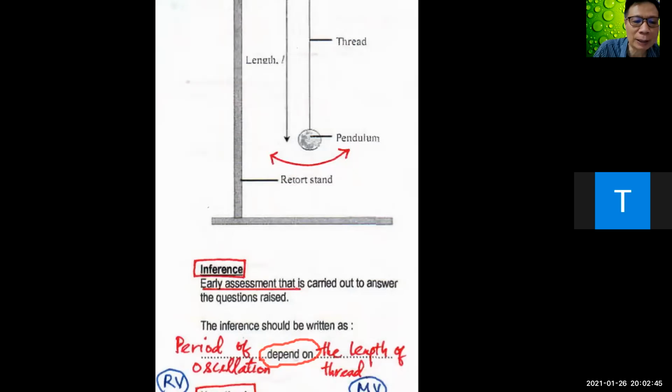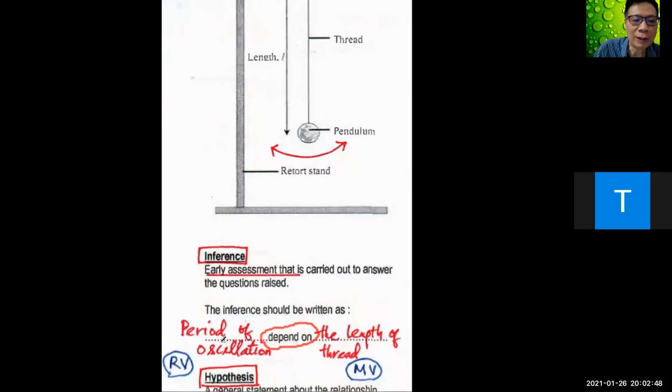In this case, you must know the period of oscillation is the responding variable, RV. Whereas the length of the thread is the manipulated variable, MV. 那下面就有了哈。So the responding variable depends on the manipulated variable. RV depends on the MV. So for the first one, inference, remember the keyword, depends on.